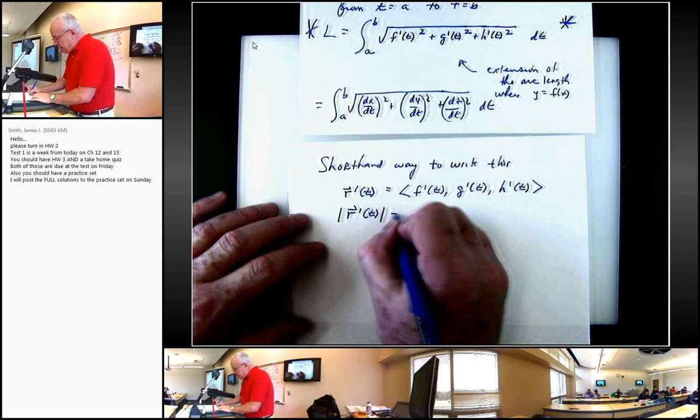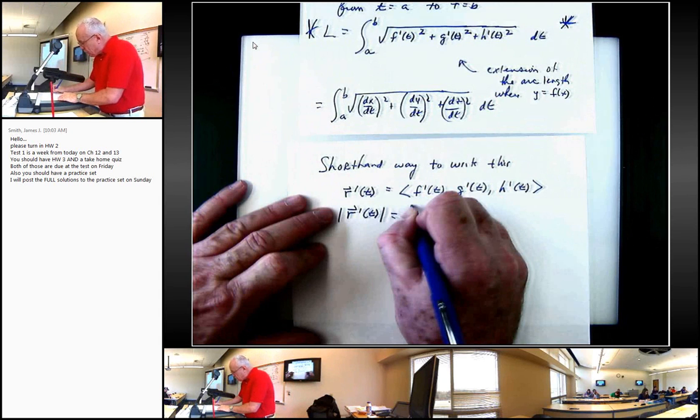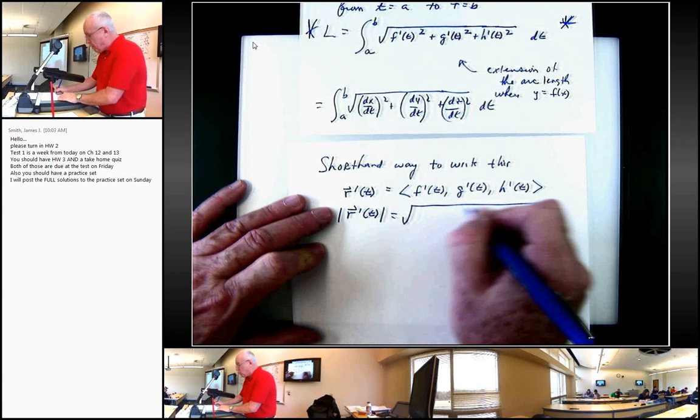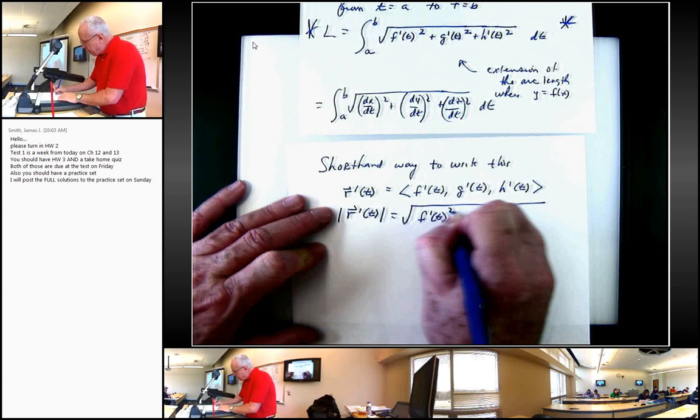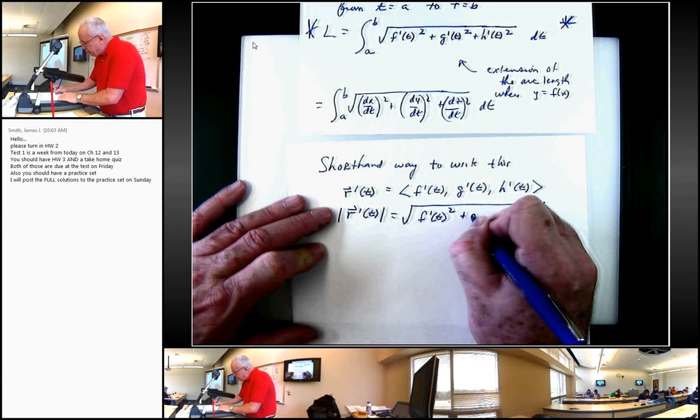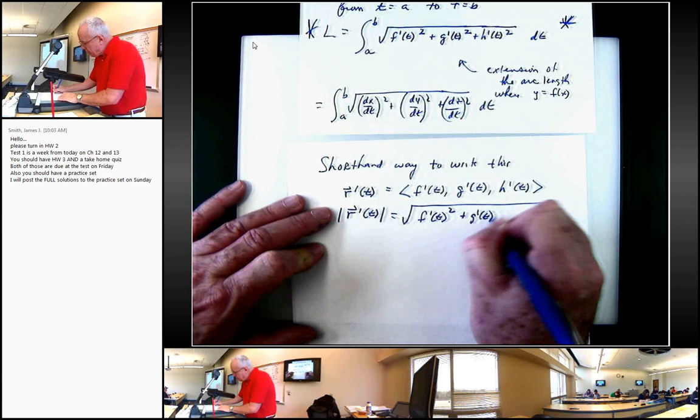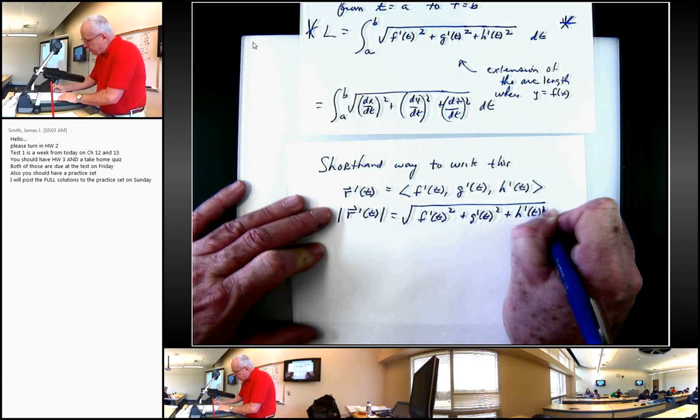The magnitude is the square root of the squares of the components: f prime of t squared, plus g prime of t squared, plus h prime of t squared.